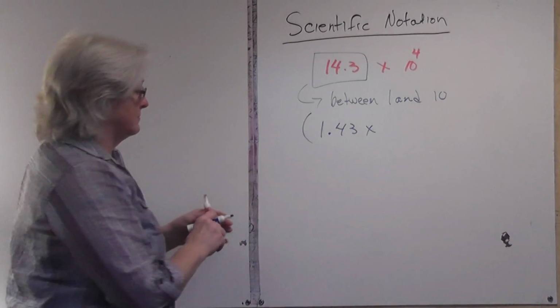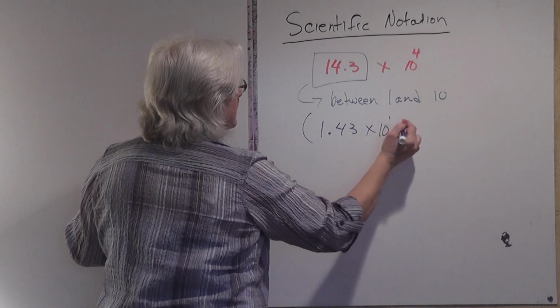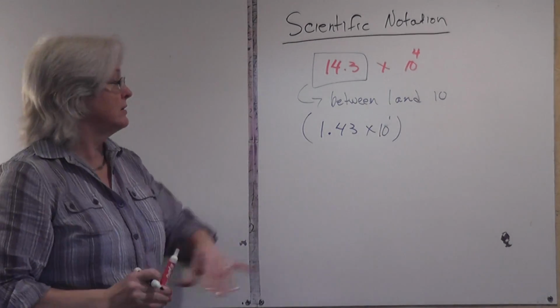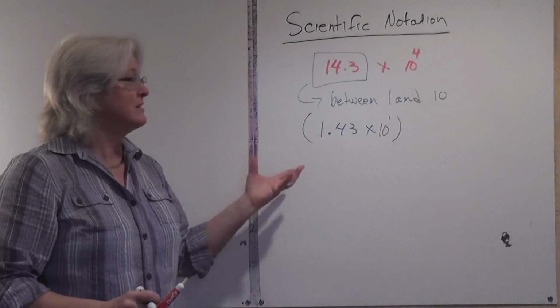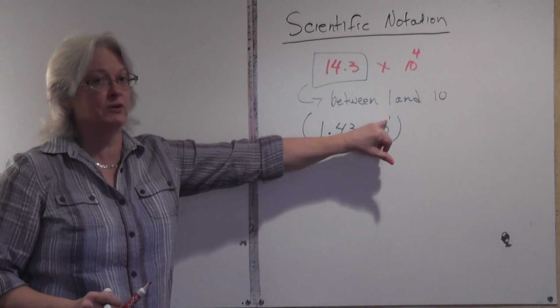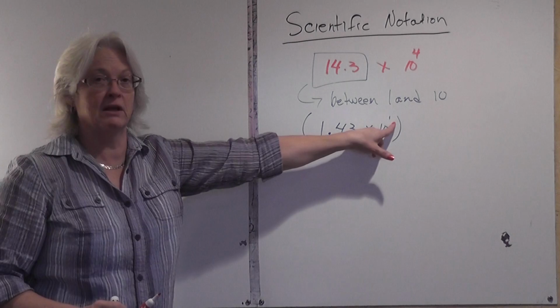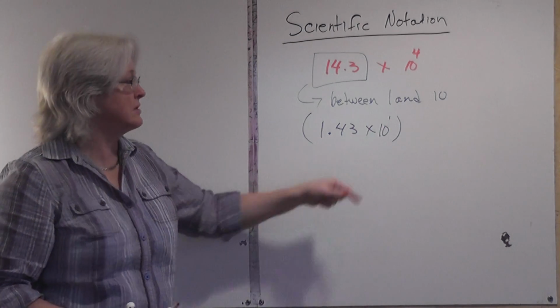One place. To the right or to the left? We're moving that one place to the right. So we simply come up with 1.43 times 10. I wrote 10 to the first in there, so it just screams at you that we have a power, 10 to the first power. We move our decimal point one place to the right.